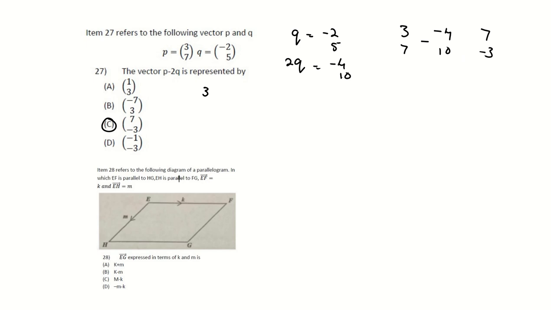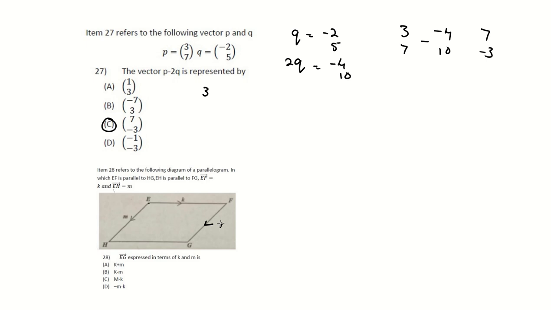Item 28 refers to the following diagram of a parallelogram in which EF is parallel to HG and EH is parallel to FG. EF is equals to K and EH is equals to M. EG, so we're going from E to G, is expressed in terms of K and M. So then let's just do this.